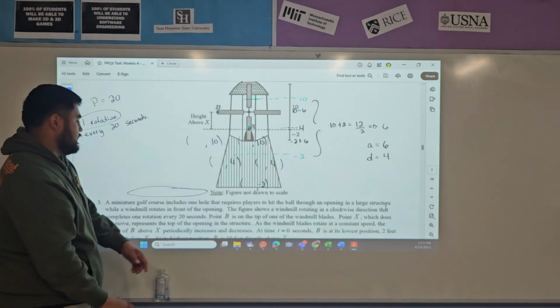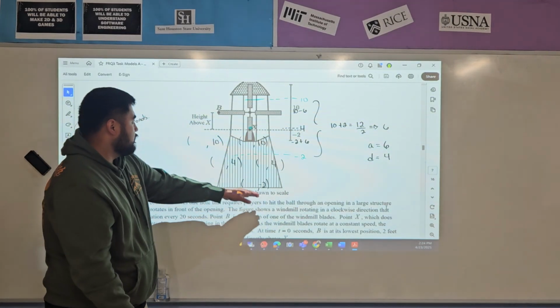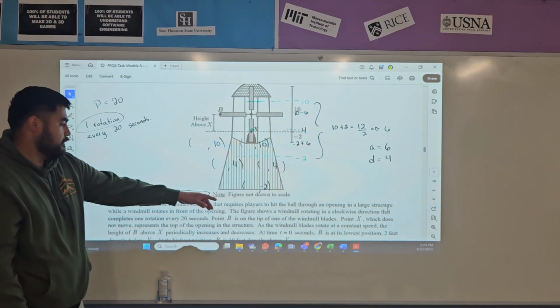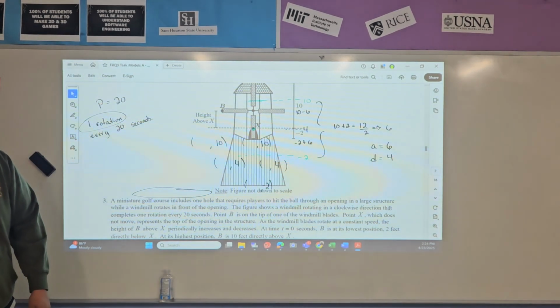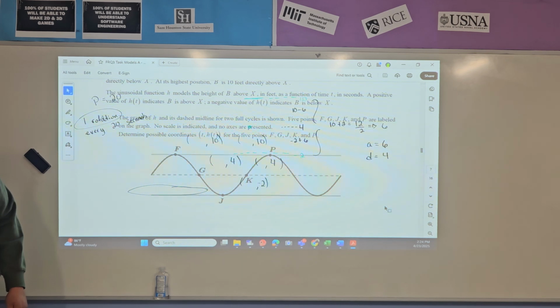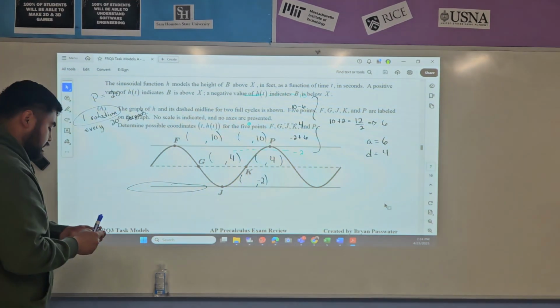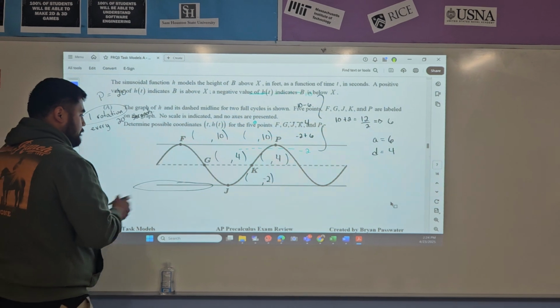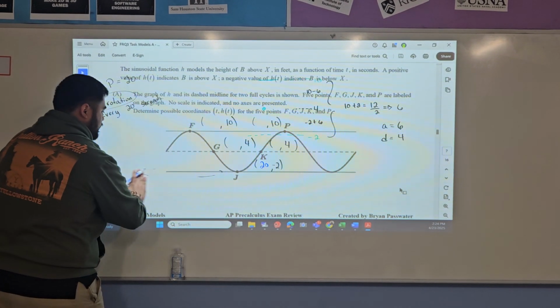And it's telling us that according to this, at time equals 0, we're starting at the lowest point, which is at -2. Meaning, if I go back over here to my coordinates, this is telling me that at -2, right, we're gonna be at 20, right?